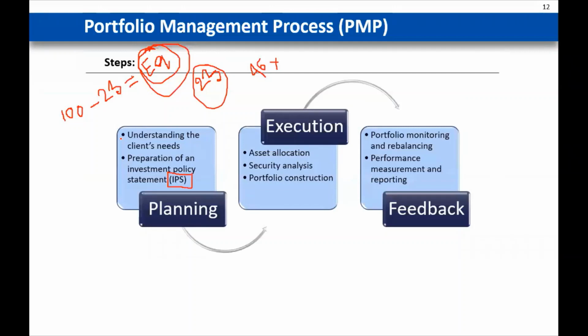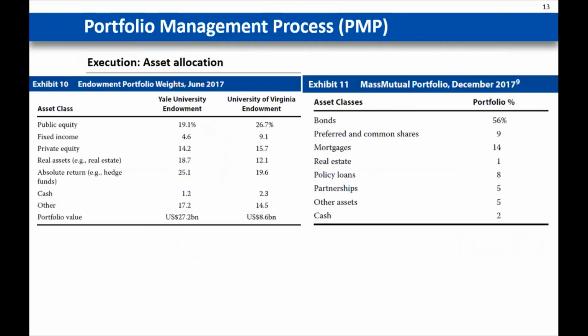you need to think of this. For example, we have 2 examples. One is the investment by a university endowment. You see their asset classes. These are some sub-asset classes they have considered, but broadly speaking, the asset classes can be categorized into 4: equity, fixed income, cash, and alternative assets.